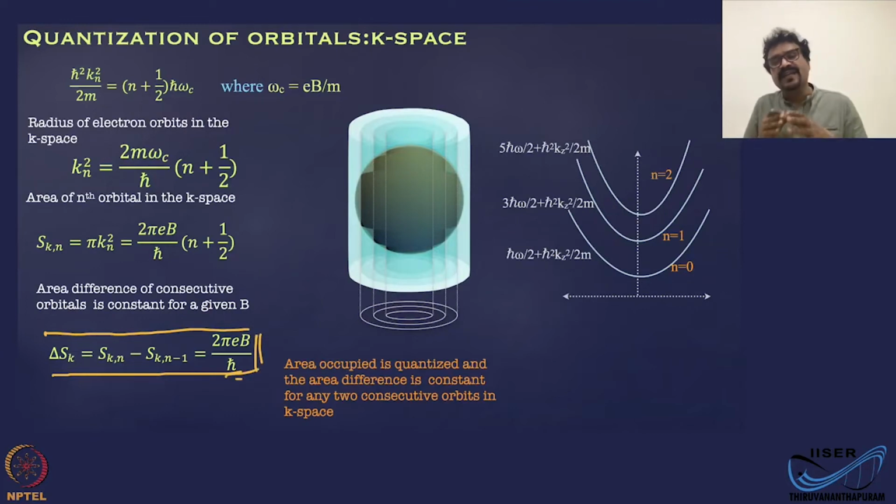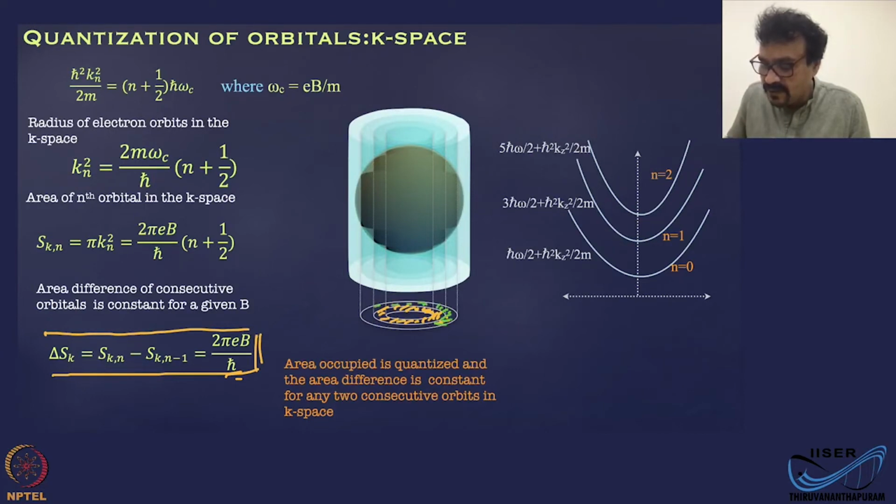So if you take the area difference between any successive Landau levels, that area difference is always the same. For example, I am taking these two Landau levels: this area difference is the same as the area difference between these two Landau levels. They are all the same. That's what I am trying to say.